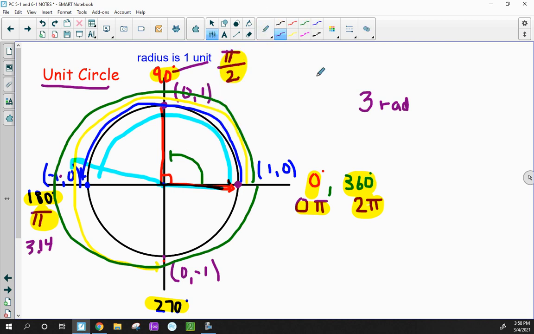Another general rule of thumb is make sure that when you're writing degrees, like if you intend it to be 3 degrees, you better put the degree mark at the top. Writing 3 degrees and just writing 3 are totally different angles. 3 degrees is super small. It's over here in the first quadrant. 3 without a degree mark means it's radians, and that's going to be this angle that I've shown.